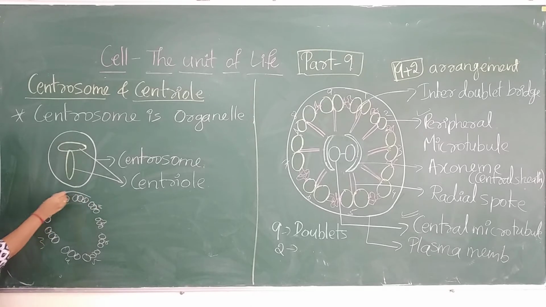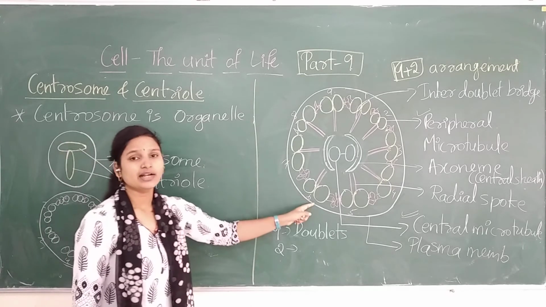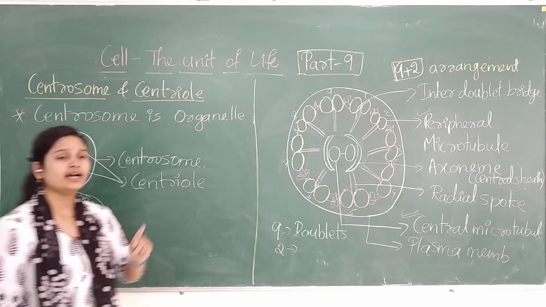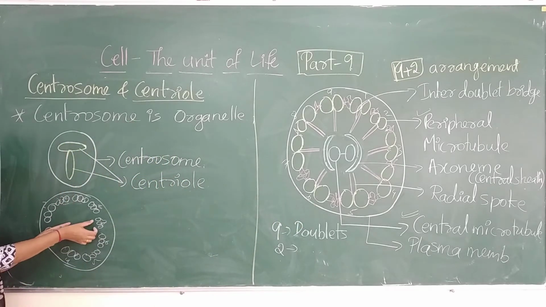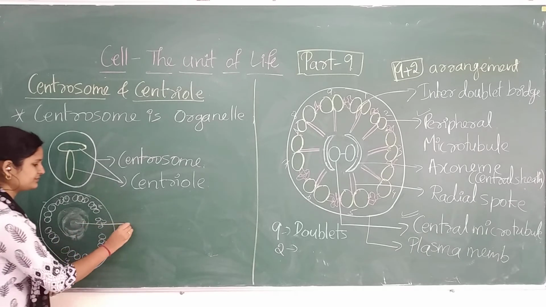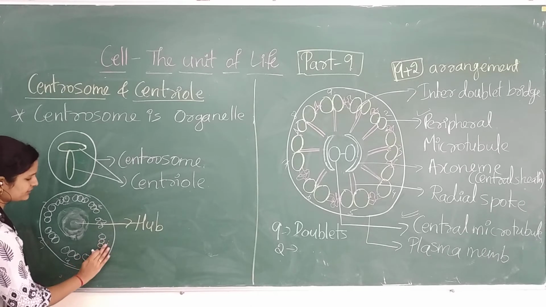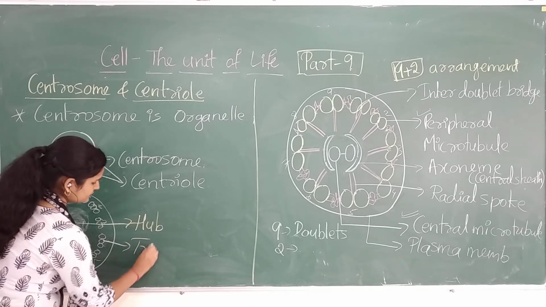They have this kind of arrangement. The cilia and flagella have doublet microtubules, whereas these have triplets. This central part we call the hub.